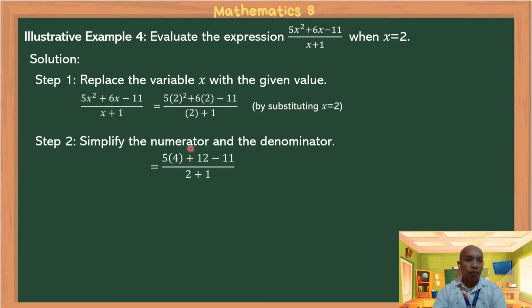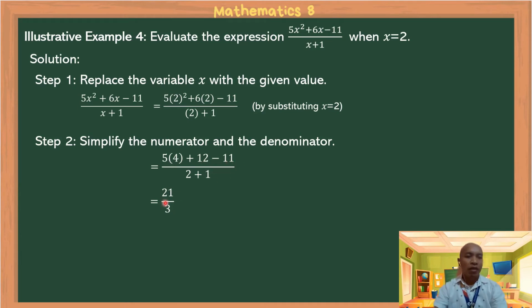Simplify. So 2 squared, we will follow the PEMDAS rule. So simplify first the exponent. 2 squared is 4, just copy 5. Then multiply 6 times 2 becomes 12, copy negative 11. Then 2 plus 1. Further simplification. So 5 times 4 is 20. Then plus 12 is 32.